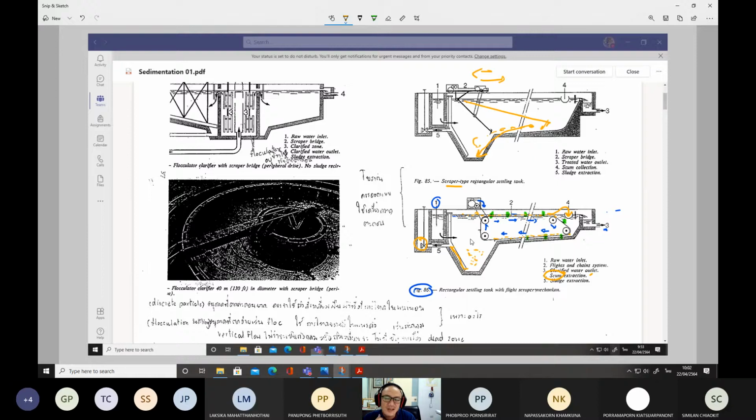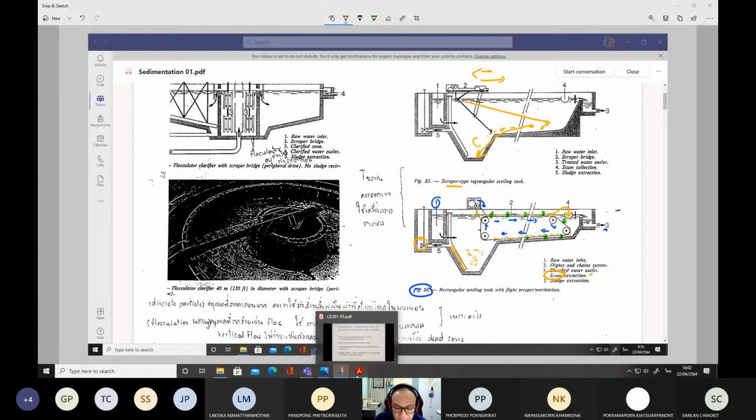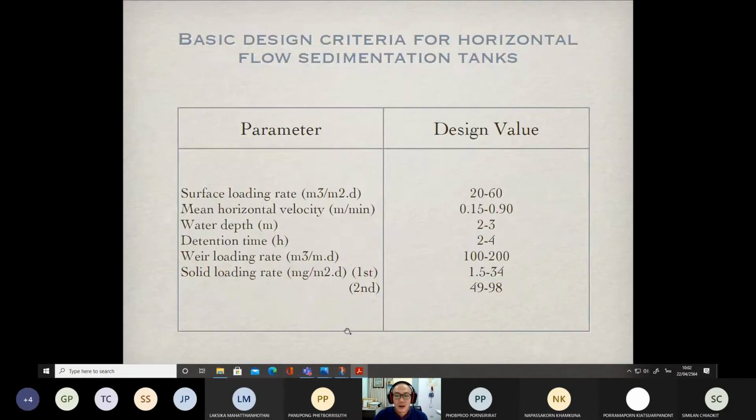They have been using this kind of system for suspended solids removal after being coagulated and flocculated. So this is how they used the rectangular chambers to remove the suspended particles. So that is a kind of figure.